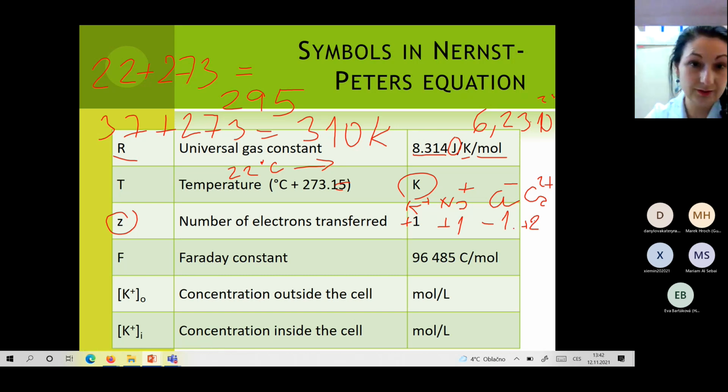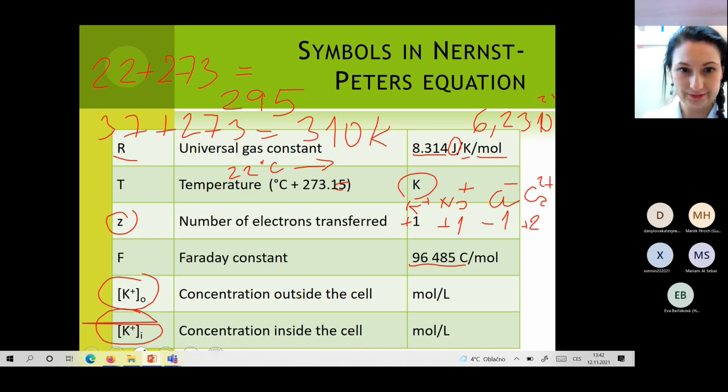So the Faraday constant, it's a constant, so it's not necessary to remember. This constant is expressed in coulombs per mole. So coulombs, it's a charge per some mass unit. This is not so interesting, but what is interesting is these two variables, they are changing. They may be different in different cells. So in this case, we just consider potassium. However, as you will recognize later, we will calculate with all ions, not only with potassium, but at the beginning just potassium.